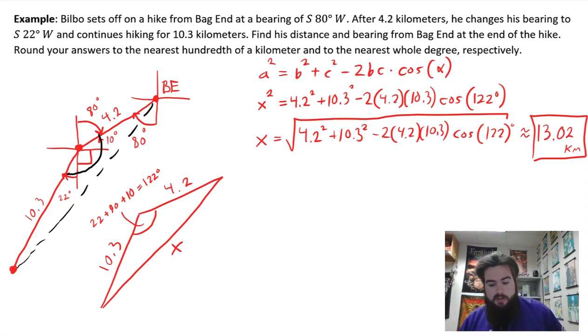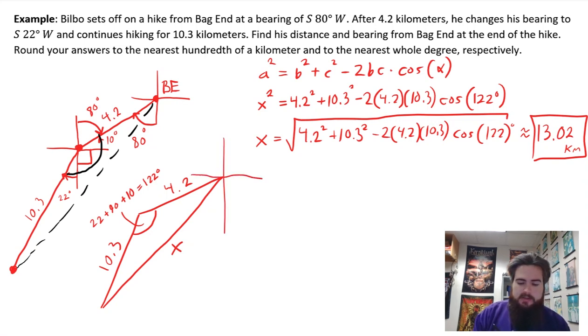We have now solved half of this problem, since we now have the distance. If we can find the bearing, then we should be good to finish. In order to find the bearing, if we look at the original question, we are told that 80 degrees is towards 4.2. So we are told this is 80 degrees.